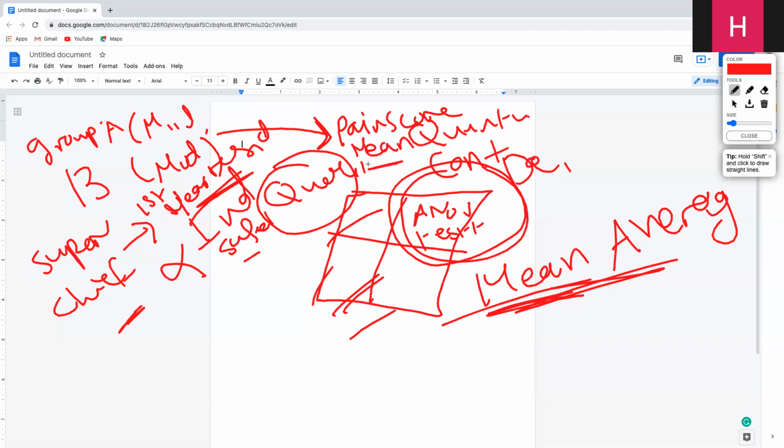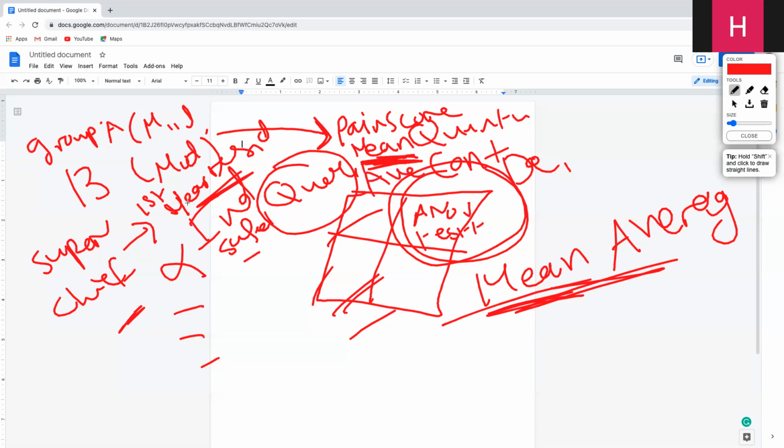Sometimes I found the question didn't mention the word mean and didn't mention the word average, but by elimination, none of the answers is chi-square or correlation, so you will be left only with ANOVA and t-test. Even in that case, you will assume that you are talking about the mean, but usually they tell you in the question if it is the mean or if it is an average.